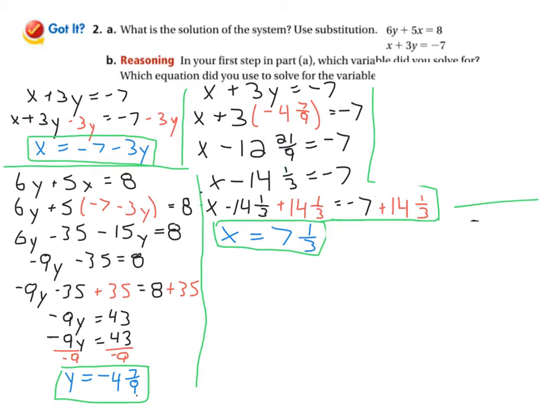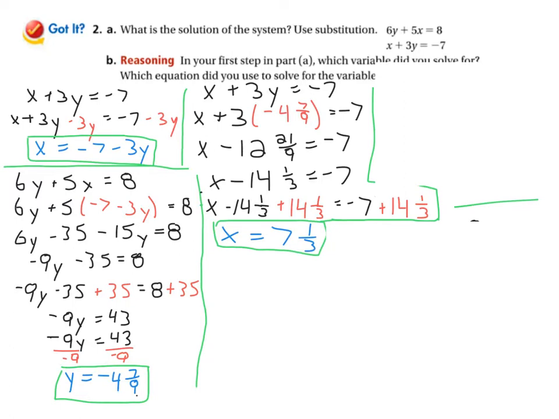Okay, now I'm going to add 14 and 1/3 to both sides, and we find out that x is equal to 7 1/3. You can see how if you're not good with fractions, you're going to run into a major problem with this type of problem. But I'm going to be moving forward with the assumption that you do know fractions, and if you don't, it's on you to learn them, because I've been impressing this on you for quite a while now.